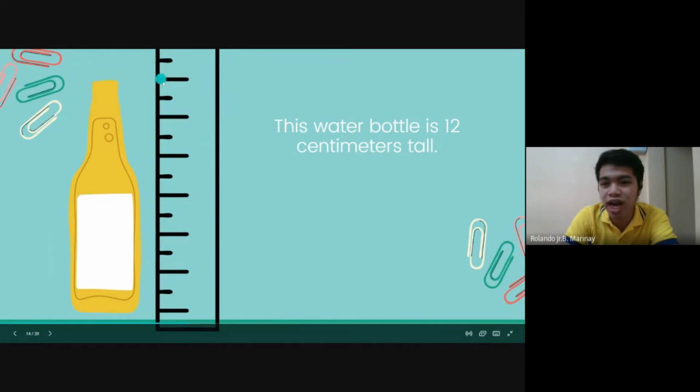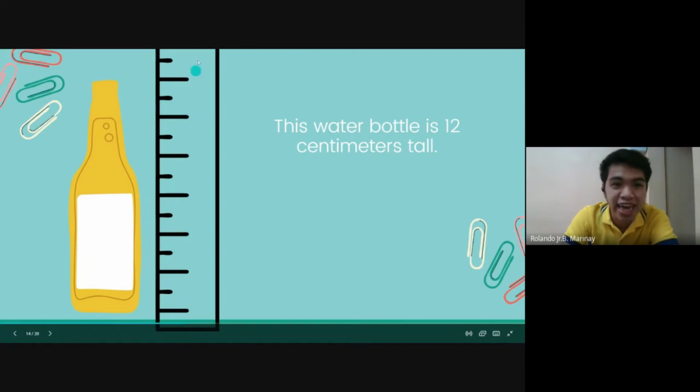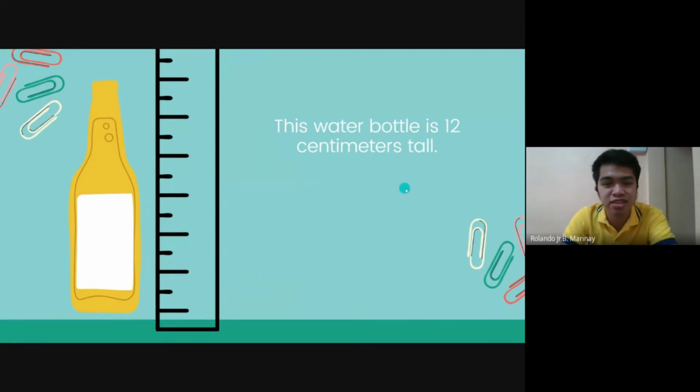So we're going to count the lines to find out its height. So let's count. 1, 2, 3, 4, 5, 6, 7, 8, 9, 10, 11, 12. Yeah, it's 12. So this water bottle is 12 centimeters tall.